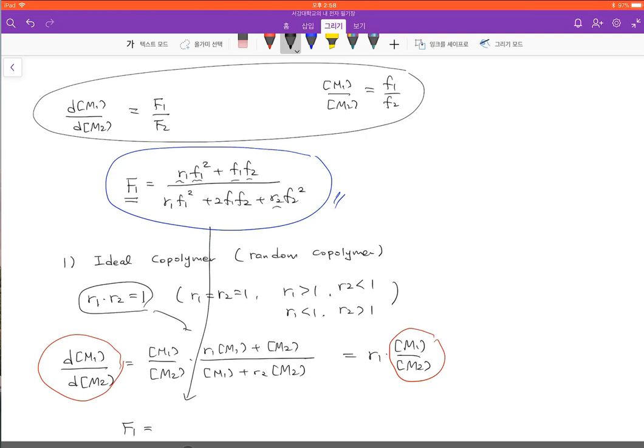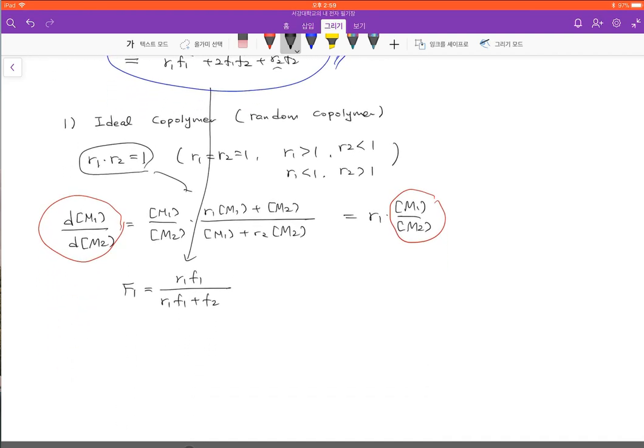So basically the composition in the copolymer is proportional to the monomer feed composition. And in this case F1 is simplified to r1 f1 over r1 f1 plus f2.